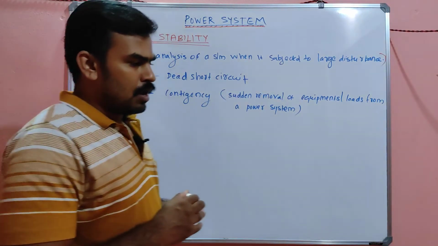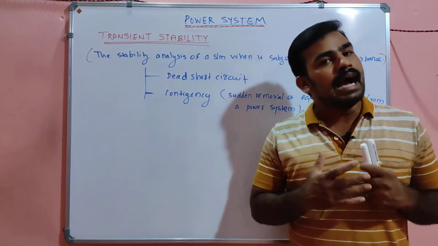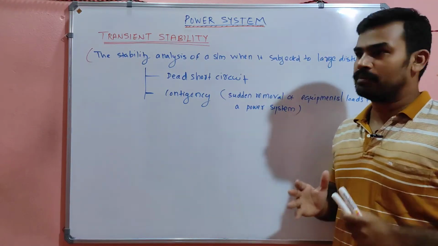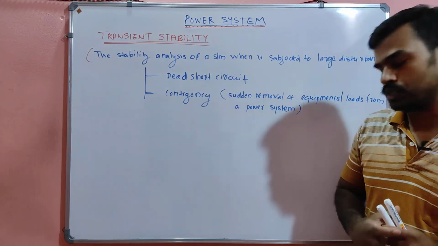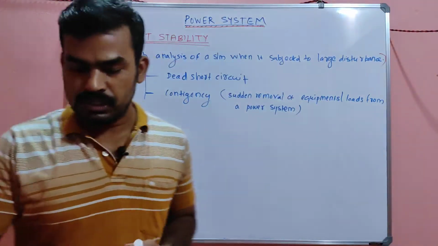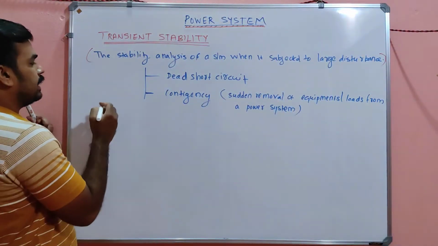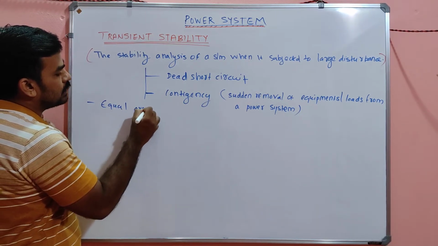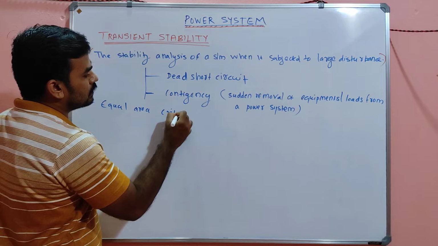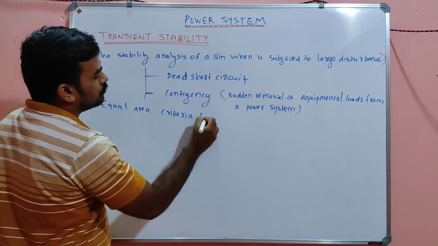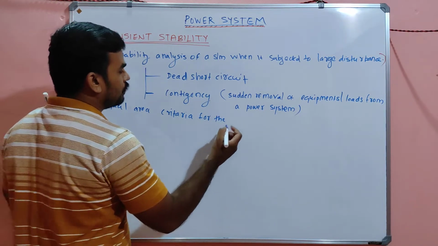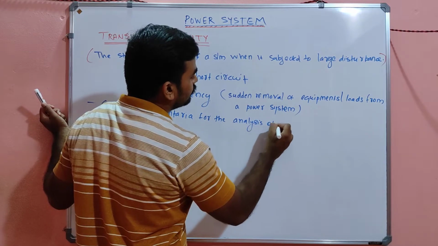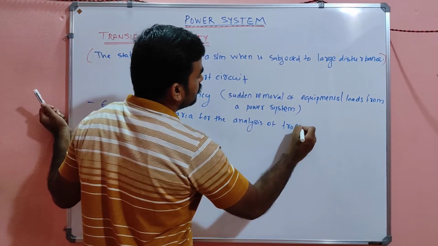So how can we analyze the system when the power system is subjected to such a disturbance? We use the equal area criteria for the analysis of transient stability.